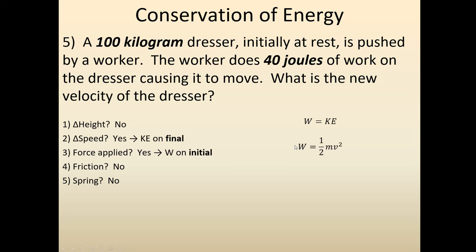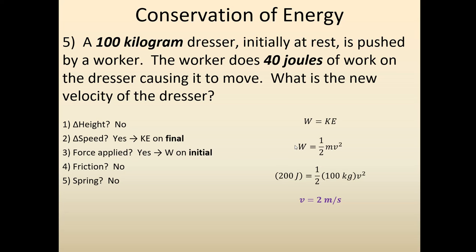I'm not going to do anything with work because I already know what the work is. If they told me what the force and distance were, I would substitute Fd in there, but for now I'm going to leave it as is. Okay, I plug my numbers in and I chug out my answer of 2 meters per second. And that's pretty much it.